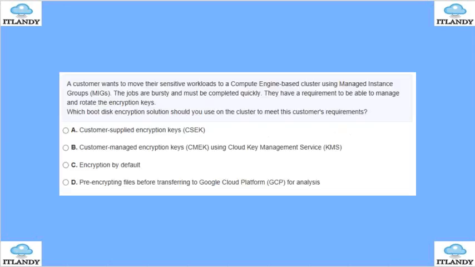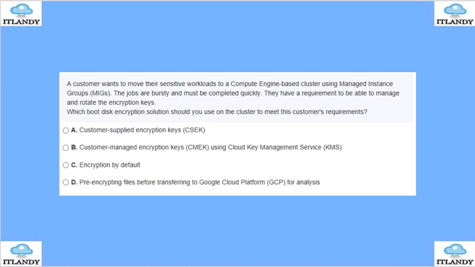Next, a customer wants to move their sensitive workload to a Compute Engine based cluster using a managed instance group. The jobs are bursty and must be completed quickly. They have a requirement to be able to manage and rotate the encryption key.